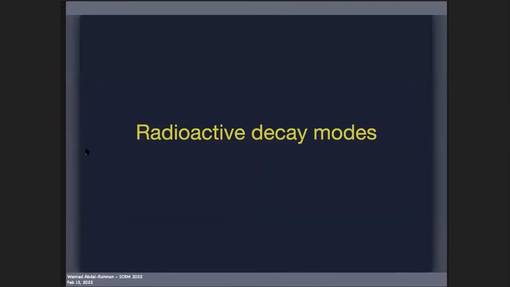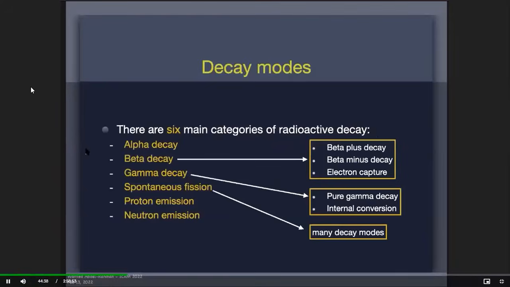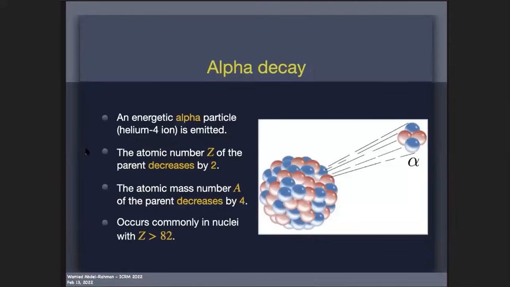So finally, we'll move on to radioactivity. There are a number of radioactive decay modes. We can categorize them in 6 main categories. Alpha decay is the emission of an alpha particle from a heavy nucleus. And in this situation, the atomic number of the parent nucleus will decrease by 2, and the atomic mass number is going to decrease by 4.